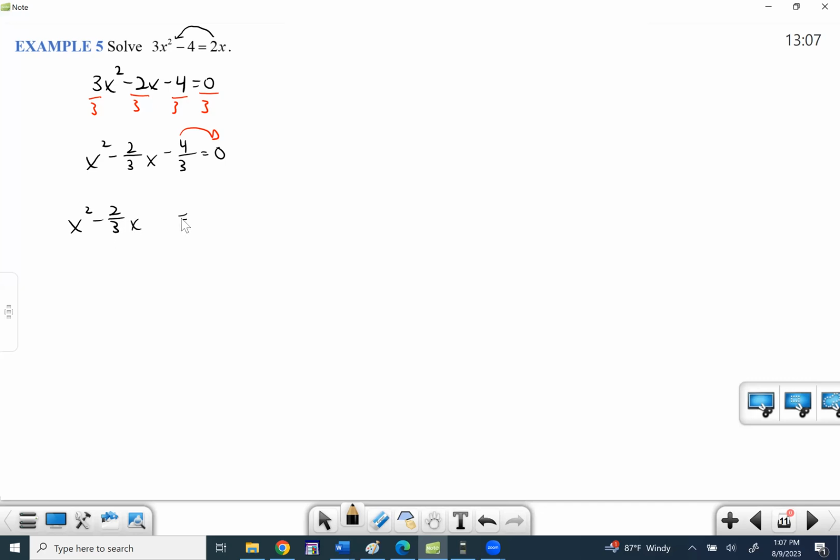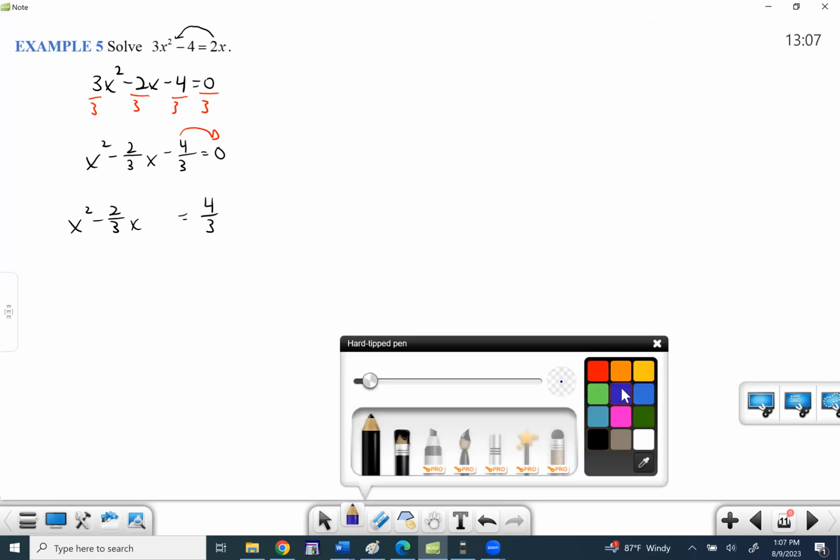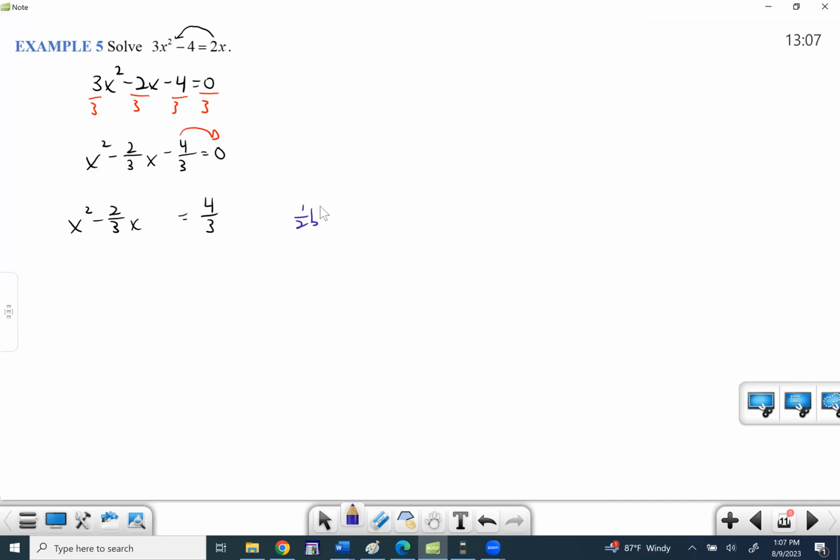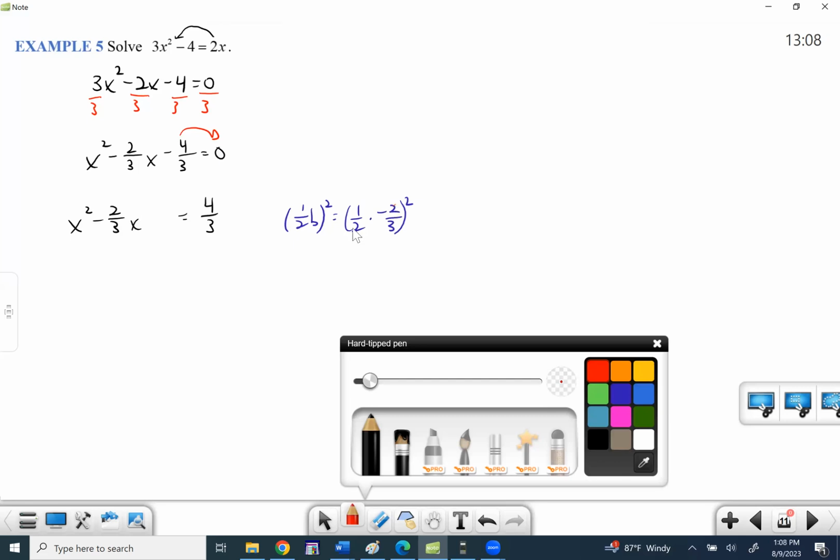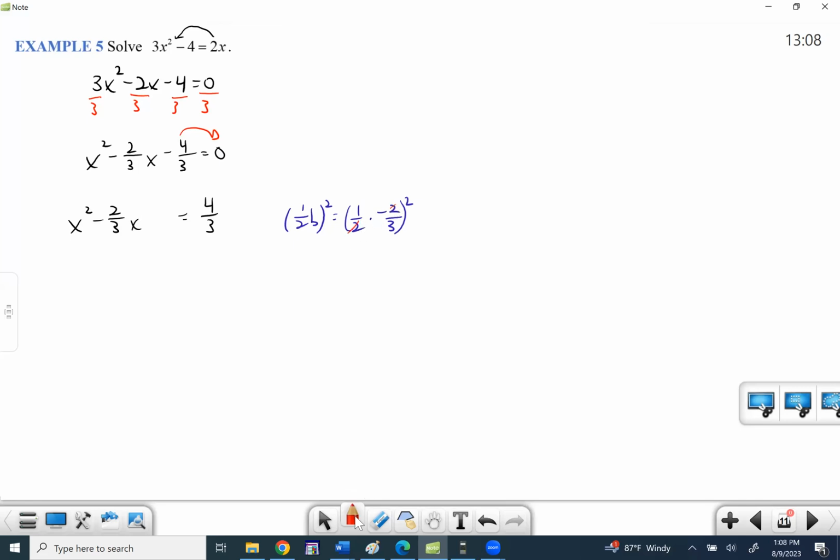And I'm going to leave a little space where the 4/3 was, because we know that we're going to be doing half of B squared, right? So we're going to be taking half of negative 2/3. So that means that these 2's can cancel, leaving us negative 1/3.